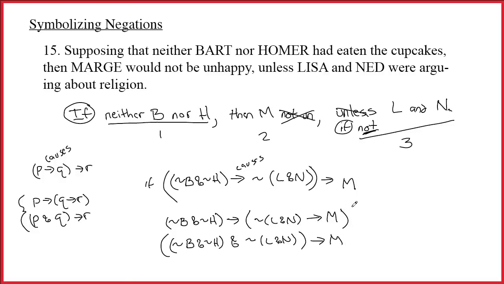Yes, this sounds great, and so either of these last two symbolizations is 100% correct. There are other things that are correct as well. We know that if you have P and Q, you could write Q and P, arrow R. So that means it would be okay to switch out the tilde B and tilde H and the tilde L and N. The tilde L and N can go first.